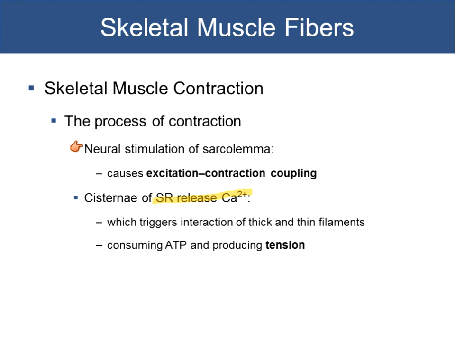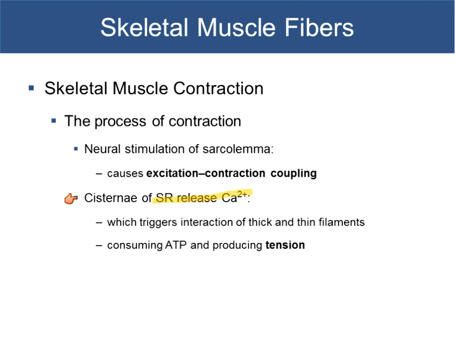So after a neural stimulation takes place and it generates an action potential, that action potential is going to tell the cisternae of the sarcoplasmic reticulum to release calcium. When calcium is released, it's going to bind to the troponin molecule and cause tropomyosin to roll off of the active site of the G protein, aka F-actin, aka G-actin.